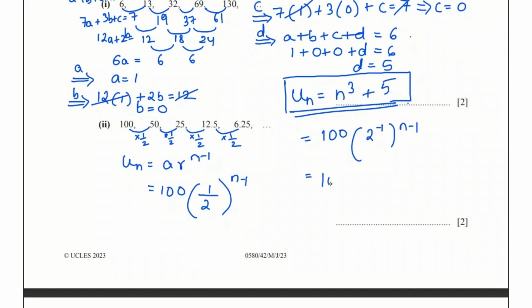So this becomes 100 into 2 to the power minus n plus 1, which gives us 100 times 2 to the power 1 minus n.